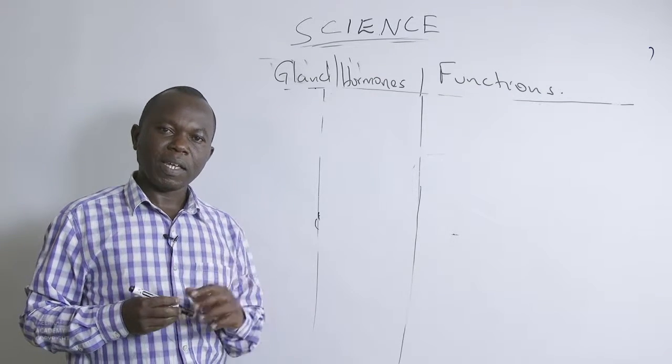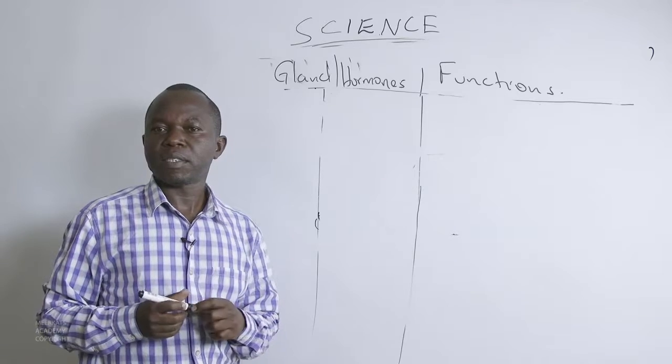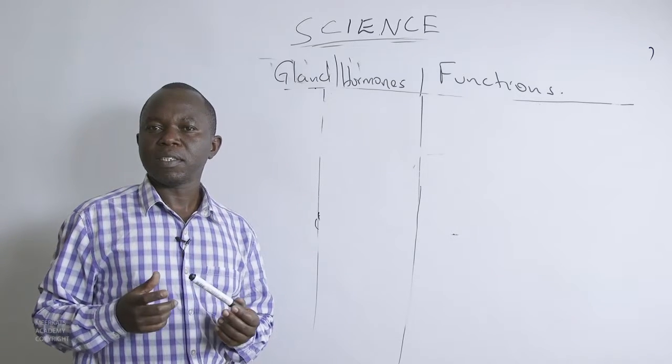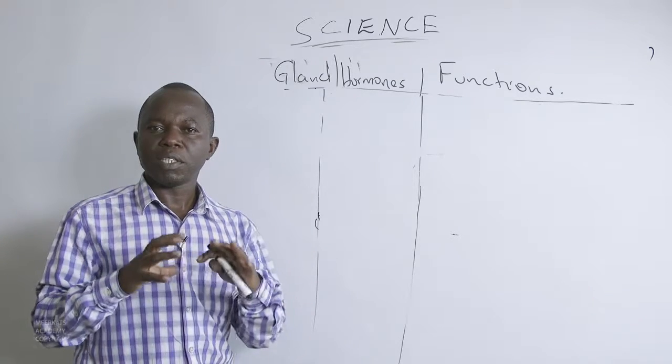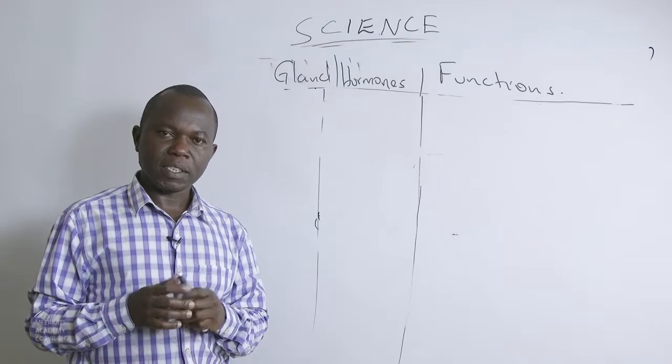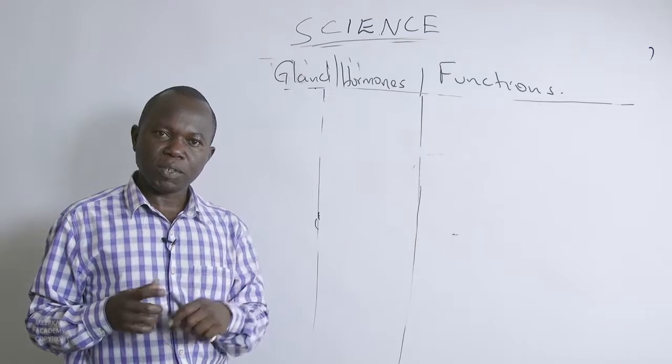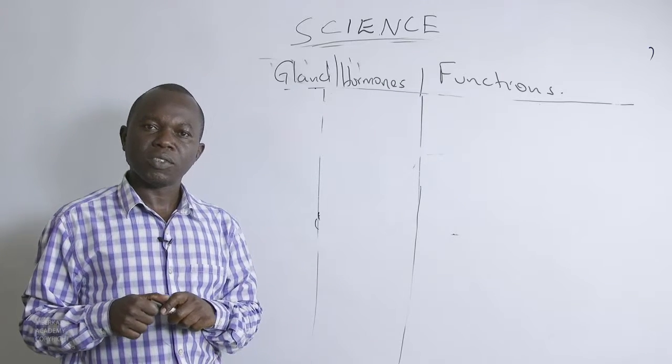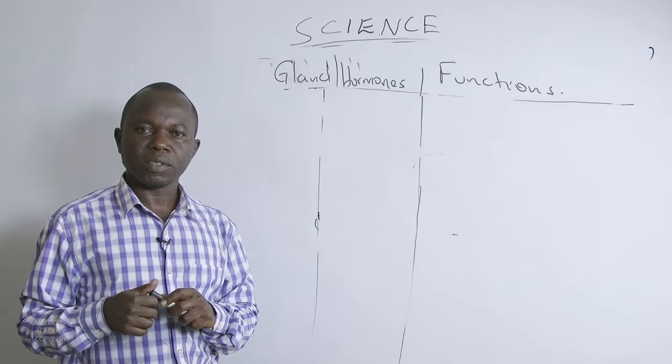In our very last bit, we looked at the ovaries. I said that the major role of the ovaries is to produce ovum, but they also secrete hormones. The two major hormones are estrogen and progesterone.